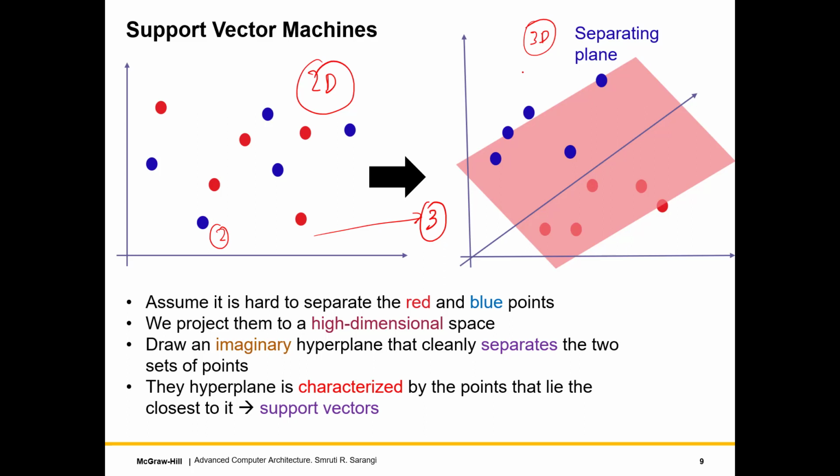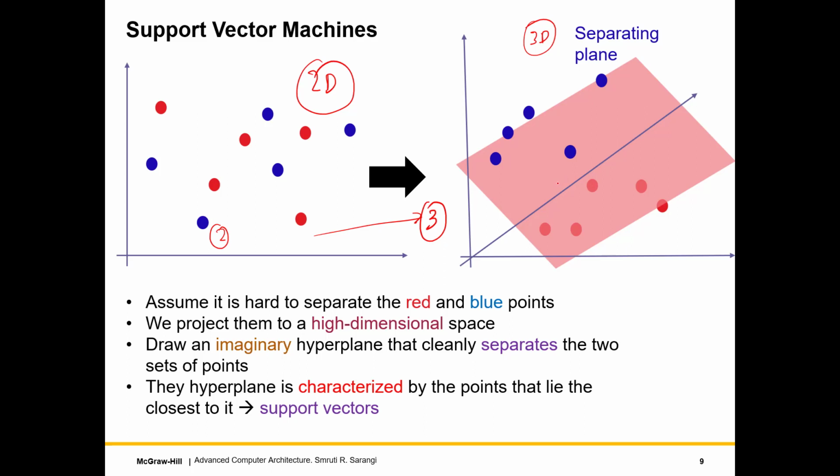So it could be that in the three-dimensional space, which is a projected space, we could possibly find a surface, as you are seeing, such that all the red points are below the surface and all the blue points are above the surface, right?